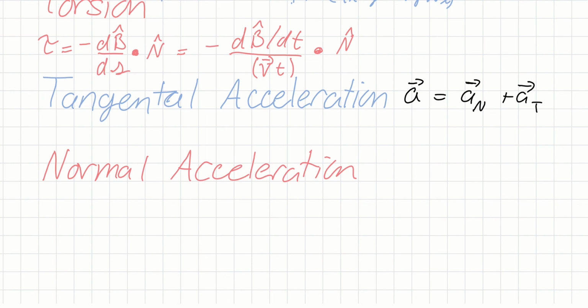All right. So to get the tangential acceleration, and I say they're vectors, but they're really not vectors. You're getting the magnitude of these things. So you're really getting the magnitude of a sub t, which is dv dt.